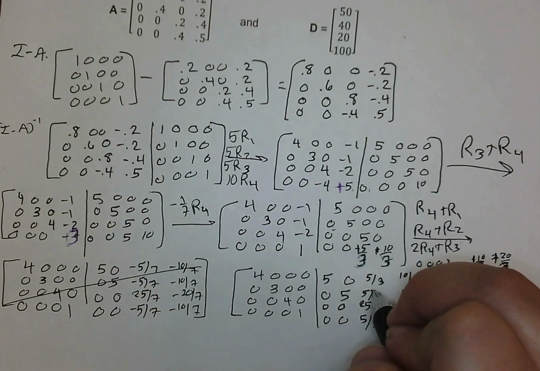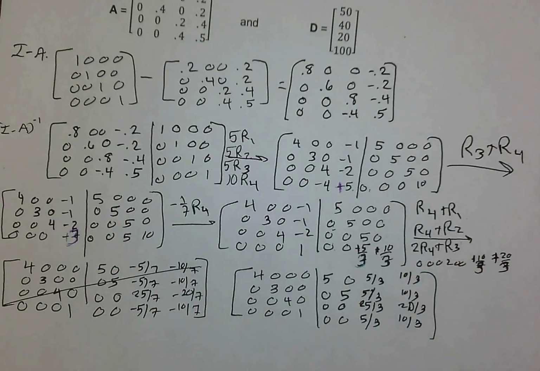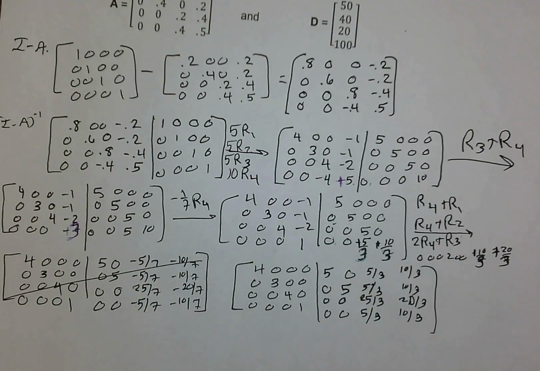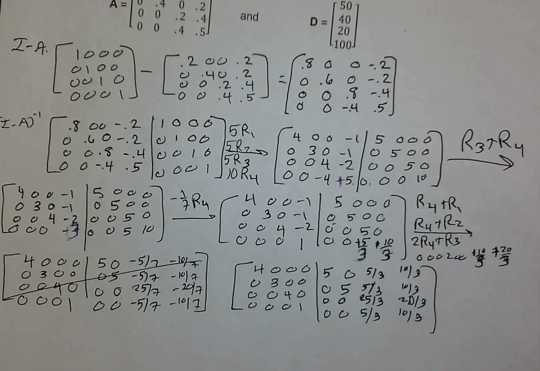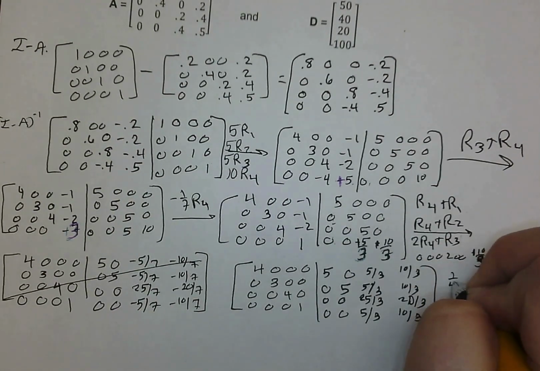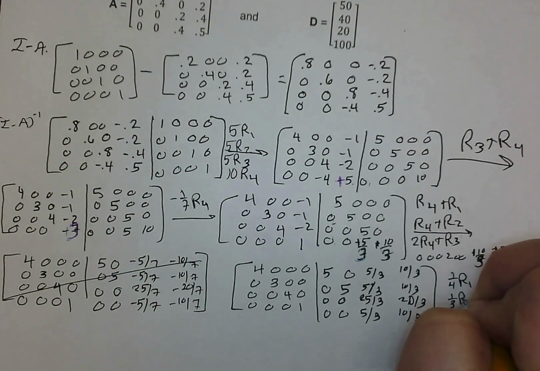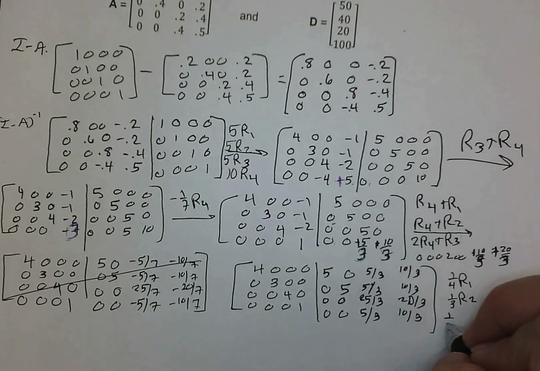Okay, getting a bit messy here, but we got one more step, and that's to do 1/4 row 1, 1/3 row 2, 1/4 row 3. And we're going to put all of those in one step, because changing row 1 doesn't affect row 2. Doing 1/4 row 1 doesn't change the other rows.